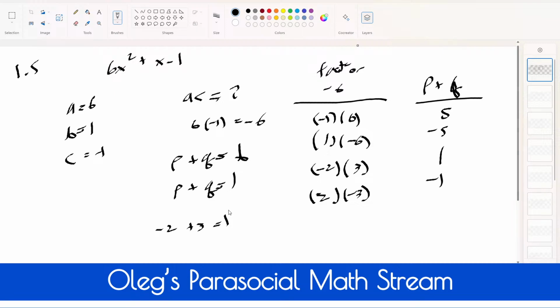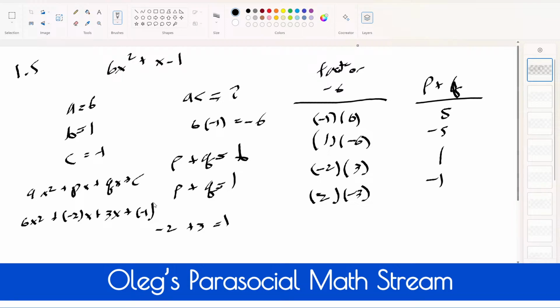So AX squared plus PX plus QX plus C. Okay, and here we go. So that's 6x squared plus P, which is negative 2x, plus 3x plus negative 1.